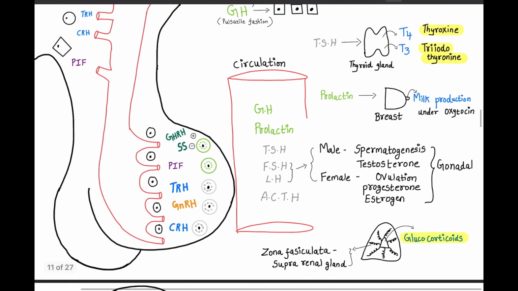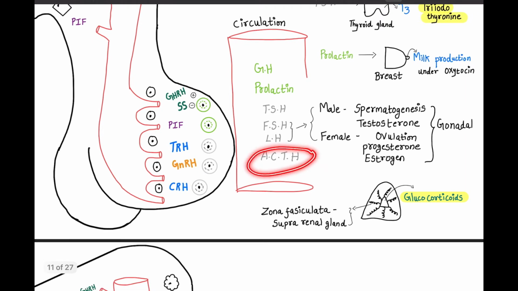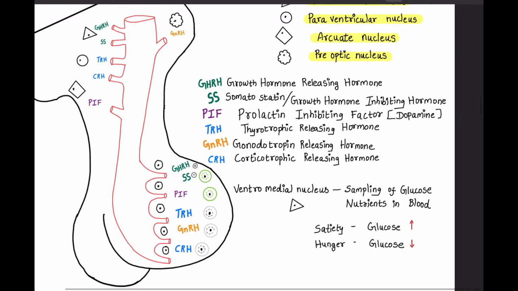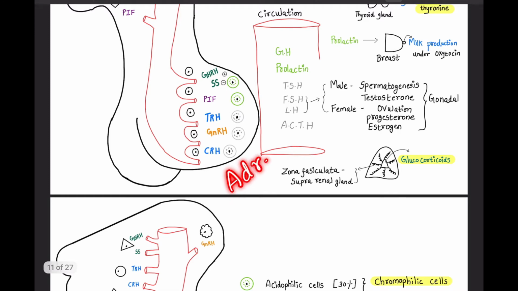And the gonadal hormones, follicle stimulating hormone and luteinizing hormone: in males their function is on spermatogenesis and testosterone, and in females it is related with ovulation, progesterone and estrogen. Adrenocorticotrophic hormone, ACTH, the name is self-explanatory, acts on the adrenal gland.